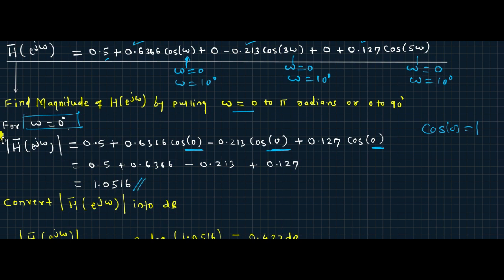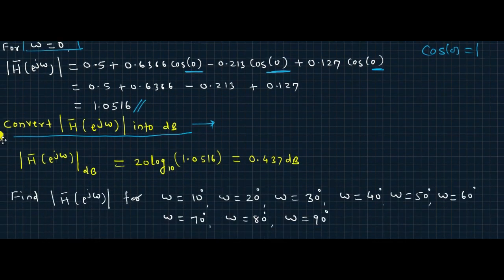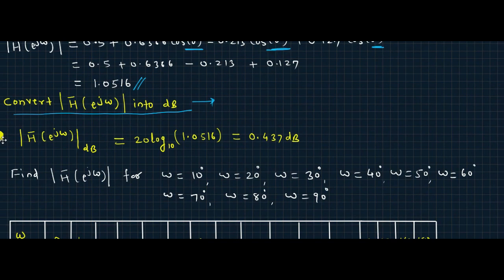So we got this value, 1.0516. Now we have to convert this value into decibels, because we have to plot the frequency response, in decibels, versus the frequencies. Omega represents the angular frequency; we are substituting in degrees.